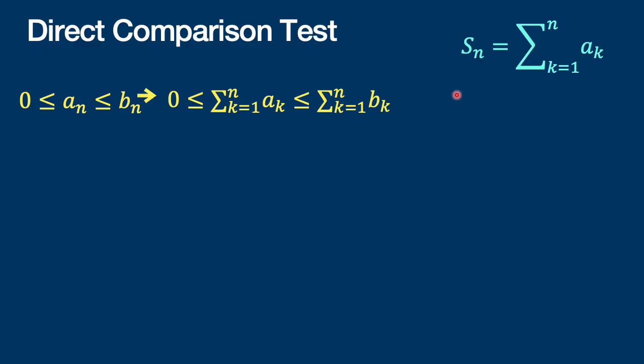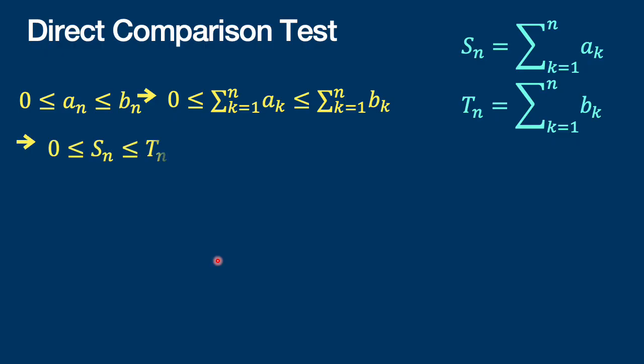S_n is the partial sum of a_k, and T_n is the partial sum of b_k. So this inequality just stays the same. They keep this inequality.